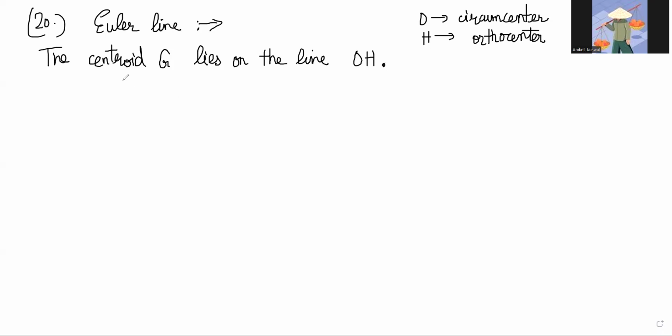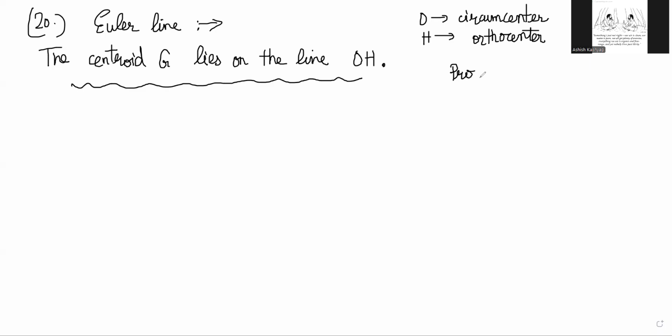So the first thing is that the centroid lies on this line; we have to prove that. Secondly, we have to prove that HG is equal to twice GO, so the centroid divides them in the ratio 2:1. So far we don't know that the centroid lies on this line. We have not done the proof of that yet.